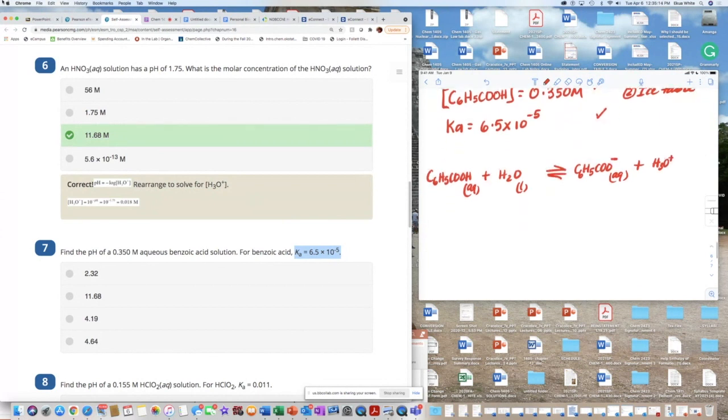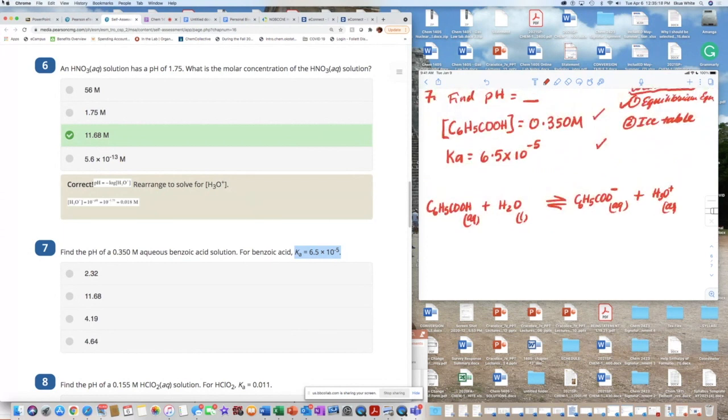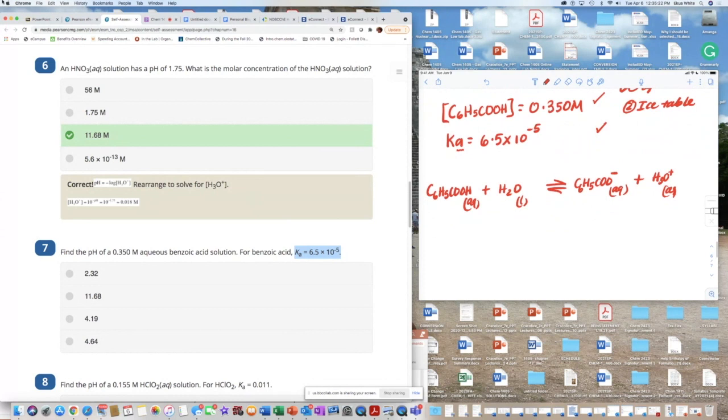I know that it's a weak acid. How do I know it's a weak acid? They also gave me a Ka, right? So my Ka for this, I'm going to write here real small: 6.5 times 10 to the negative 5. Hopefully you can see that number right there. My equilibrium equation goes with that Ka.